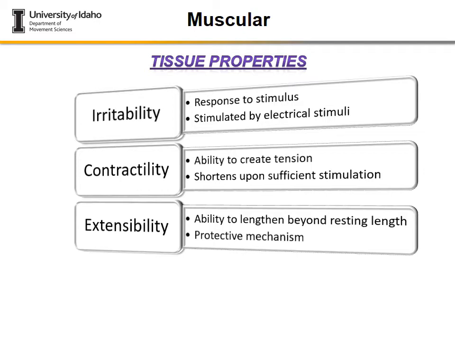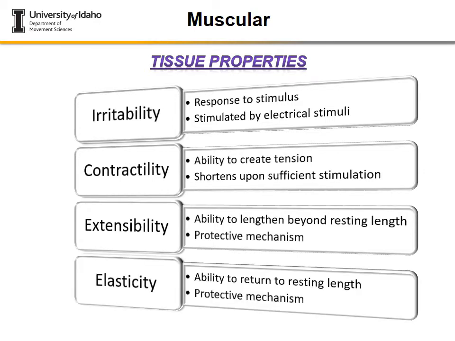This is a passive component, but we'll talk later on where this benefits us in human movement. Finally, they are also elastic, and the elasticity is the ability of the muscle to return back to its resting state following the concentric or eccentric contraction, for the shortening or elongation.